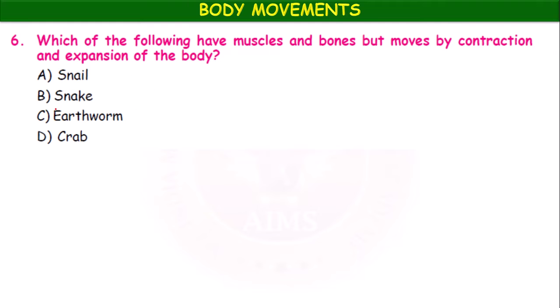Which of the following have muscles and bones but move by contraction and expansion of the body? Snail, snake, earthworm, crab. Come on, children. It is the snake. Isn't it? Yes.